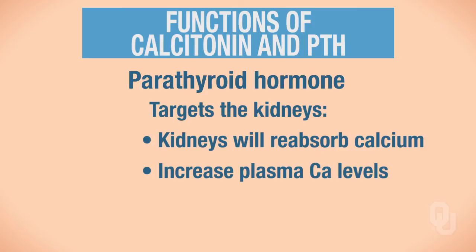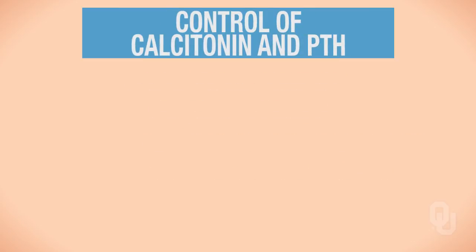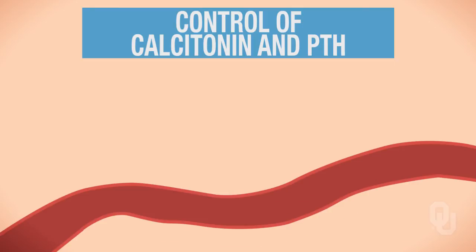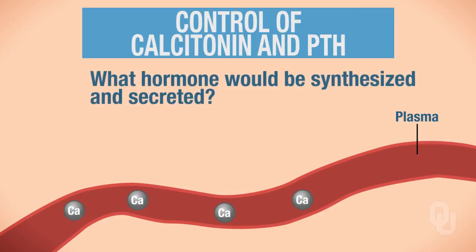So let's think about what will cause the synthesis and secretion of calcitonin and PTH. What I have drawn is a capillary or a blood vessel, for example, and this is the plasma. Let's assume that you have too high of a level of calcium in the plasma. What hormone would be synthesized and secreted at this point?